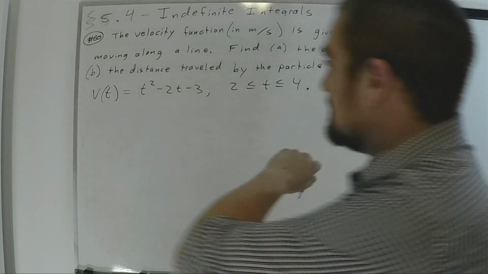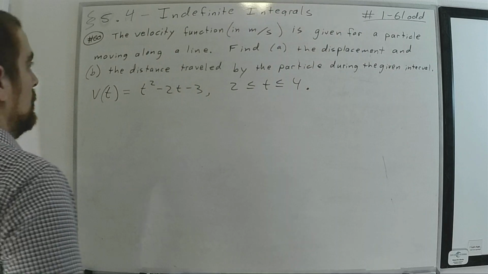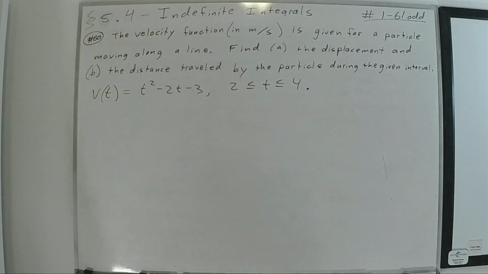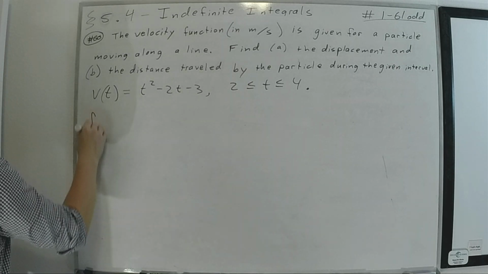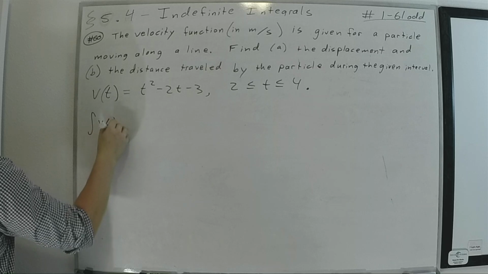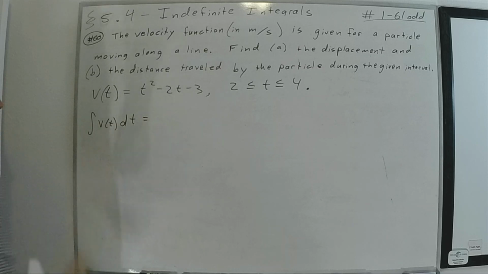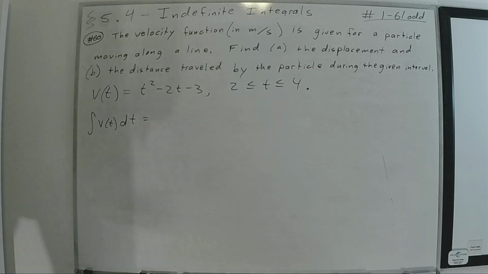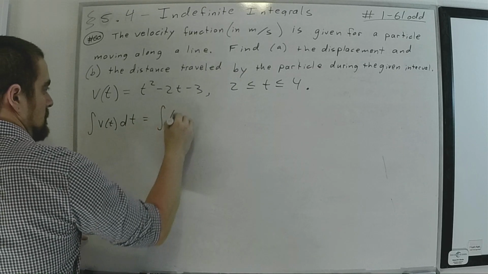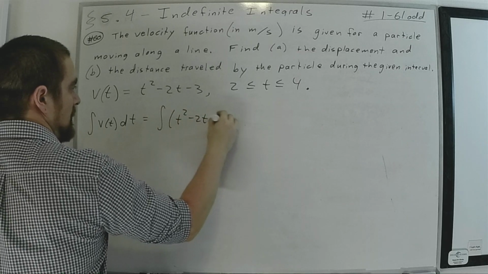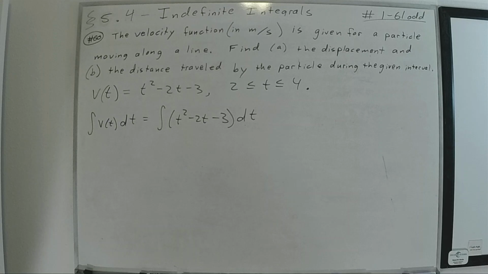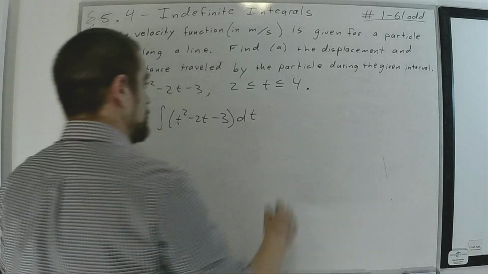So let's take this velocity. Since we want our displacement, we're going to need our position function. So we're going to integrate the velocity function with respect to t, which means we're going to be integrating t squared minus 2t minus 3 dt, which is just a nice polynomial.